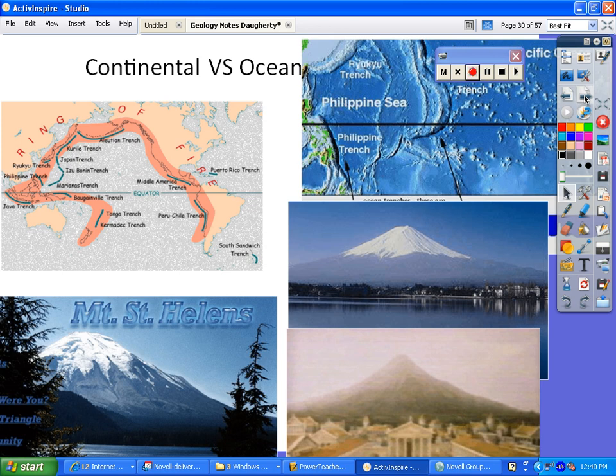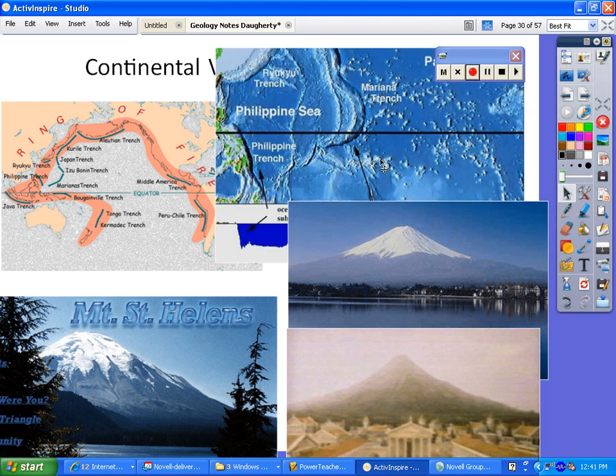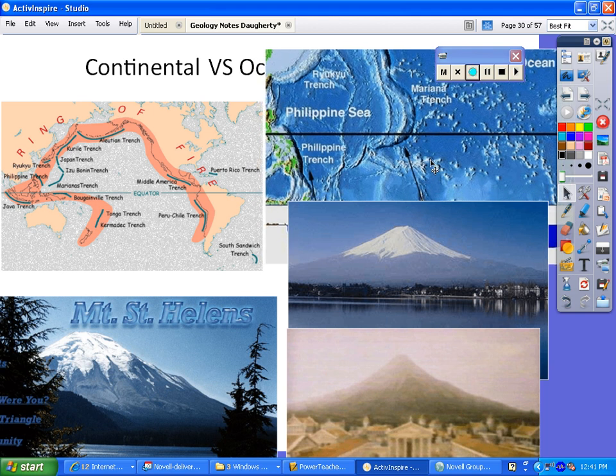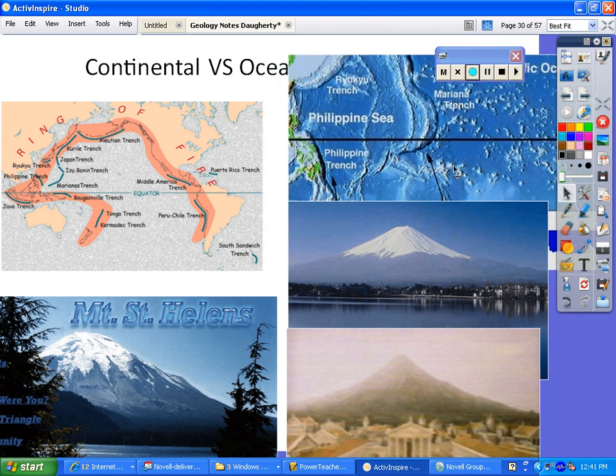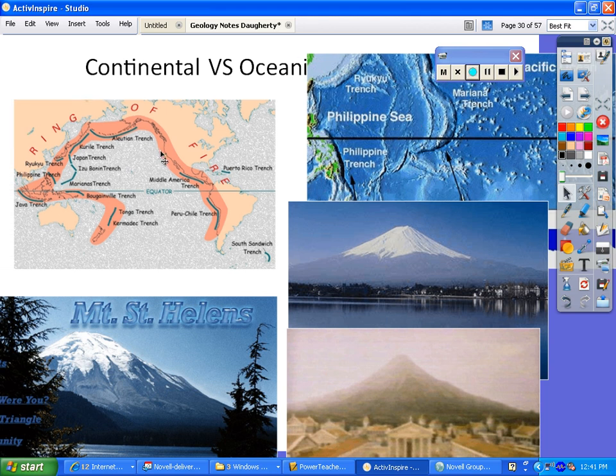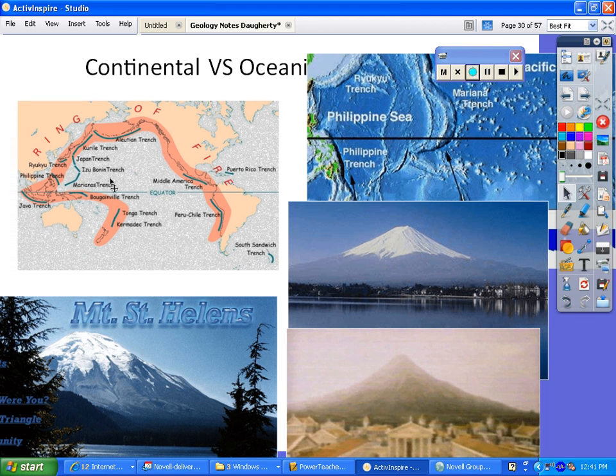Continental versus oceanic. Another good example of this is the Ring of Fire. We have a lot of trenches here, a lot of trenches. Here we have the Mariana Trench. We said it's out here in the Pacific near the Philippines. It's a big, huge trench where that convergent plate is. Can you see it in this picture?